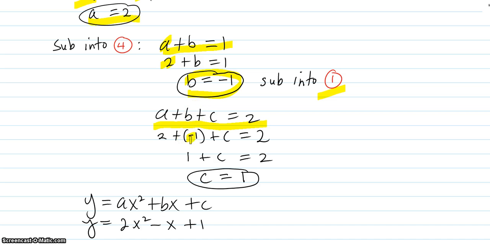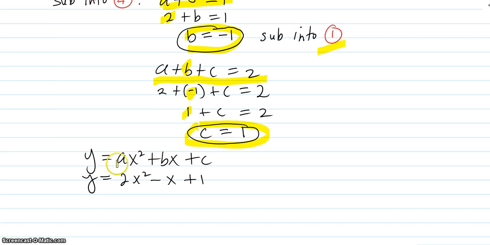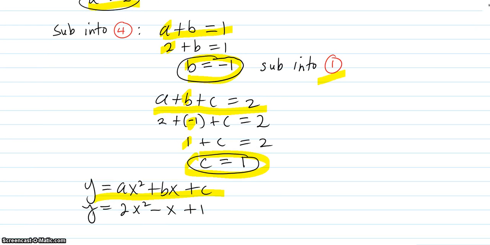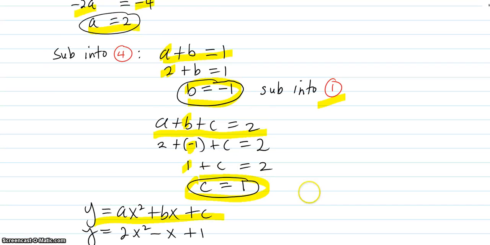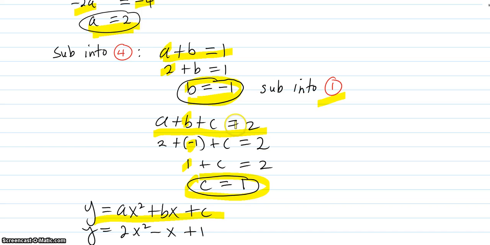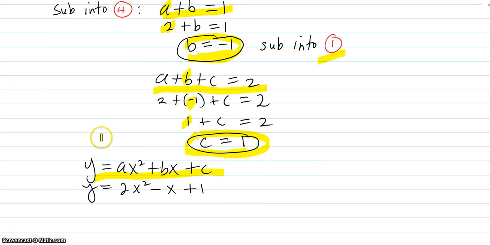Put in the b equals negative 1 right there for the b. And 2 plus negative 1 is 1. Plus c equals 2. Subtract 1. C equals 1. And then you have your template. And then you would put the ABC, which is 2, negative 1, 1. And that would be your parabola.